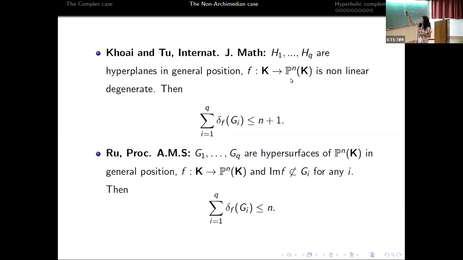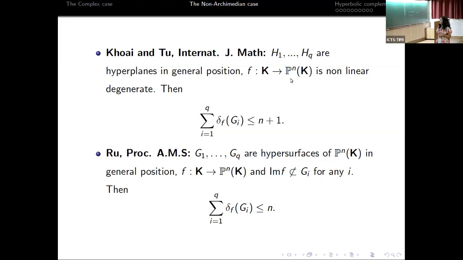And then they also wanted to get a similar result from complex into the non-Archimedean field, and very similarly we get this one.